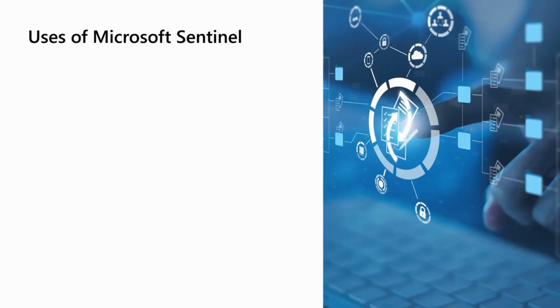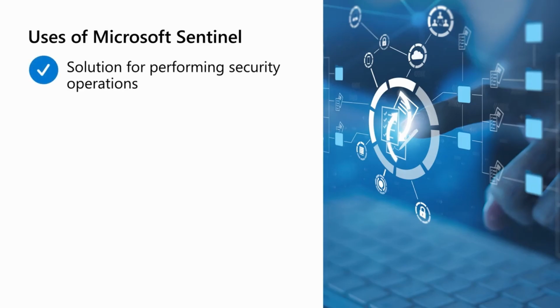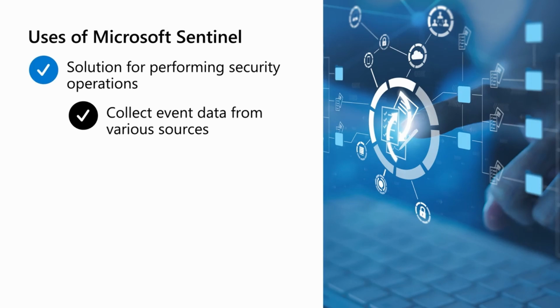Now, where do you use Microsoft Sentinel? You know that Microsoft Sentinel is a solution for performing security operations on your cloud and on-premises environments. You can use Microsoft Sentinel to collect event data from various sources and perform security operations on that data to identify suspicious activity.